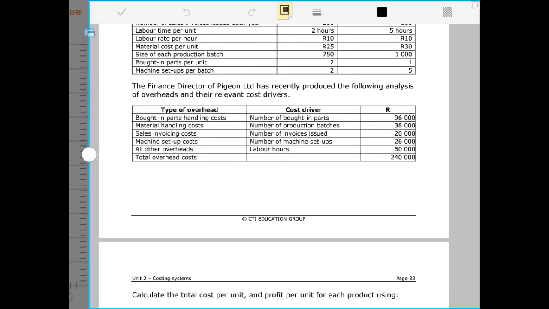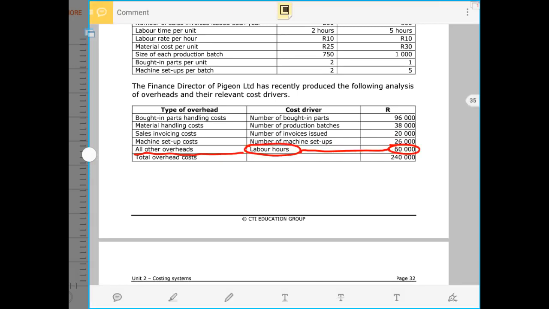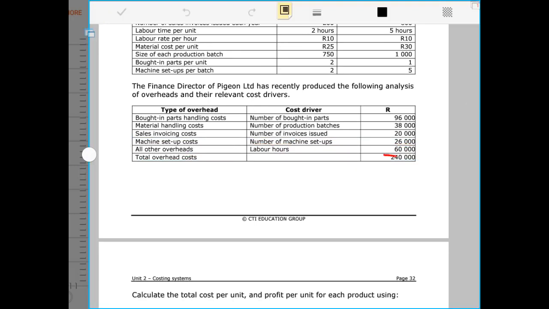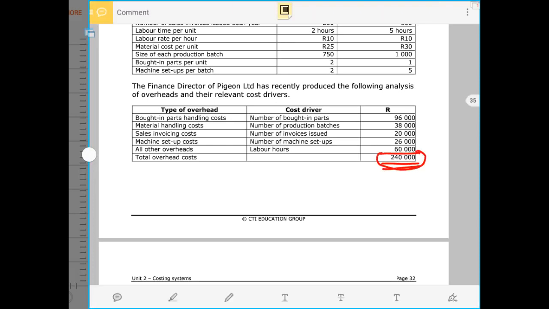The last overhead is all other overheads, where the cost driver is labor hours, and the total amount is 60,000 Rand. The total of all the overheads for the two products comes to 240,000 Rand. That is our total overhead cost for the two products.